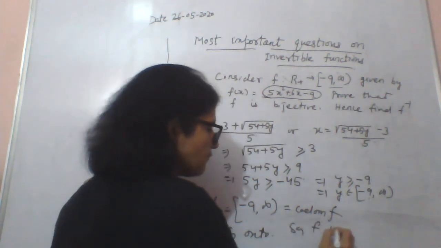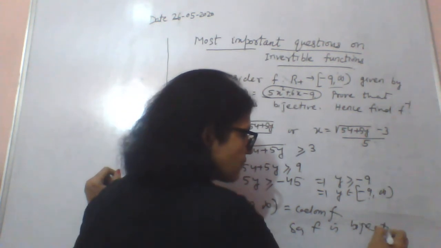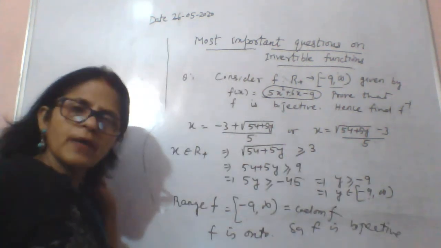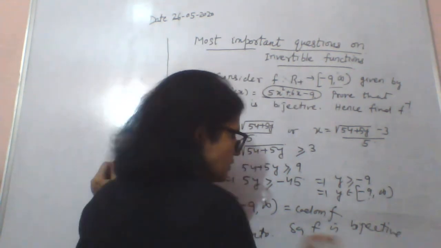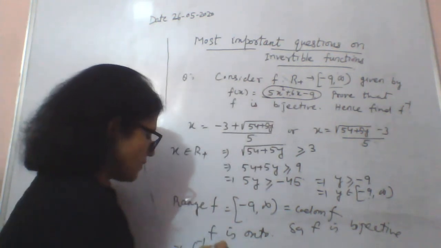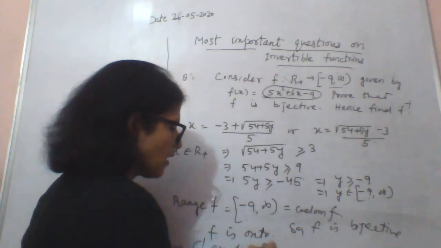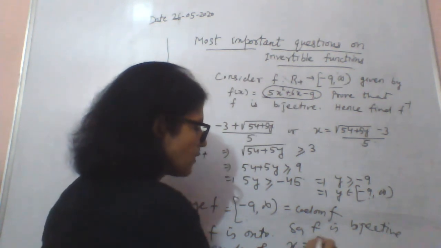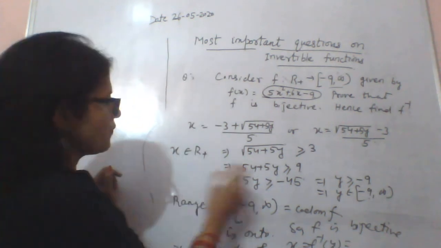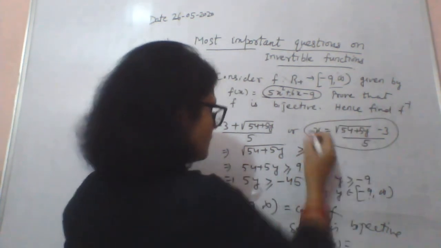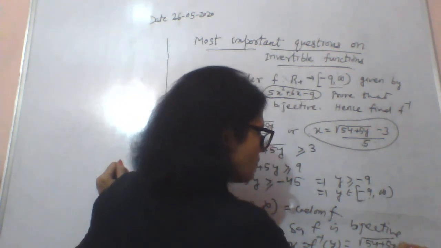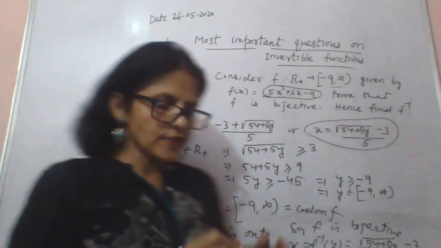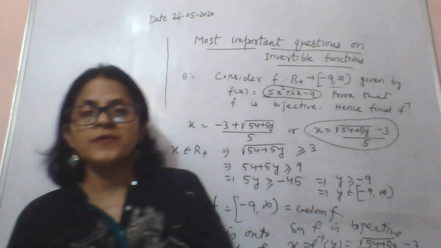So f is bijective, and as we know all bijective functions are invertible. So if f is bijective, then f inverse exists and x equal to f inverse of y, which is under root 54 plus 5y minus 3, divided by 5. So this completes the question.